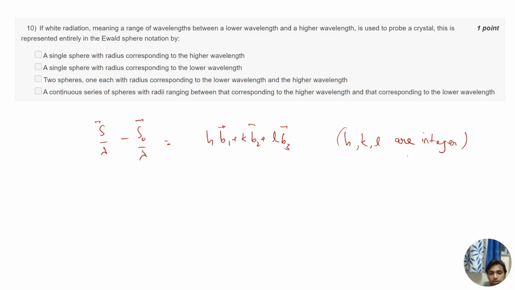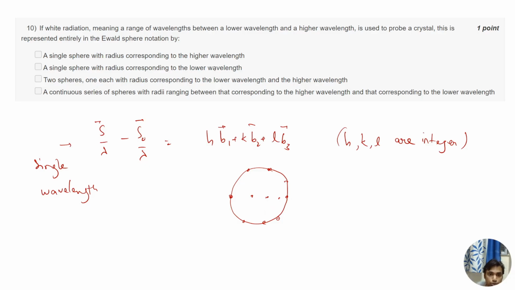This is for a single wavelength. You have a single sphere in the reciprocal lattice, and whenever your reciprocal lattice points coincide with this, you have a condition for diffraction.